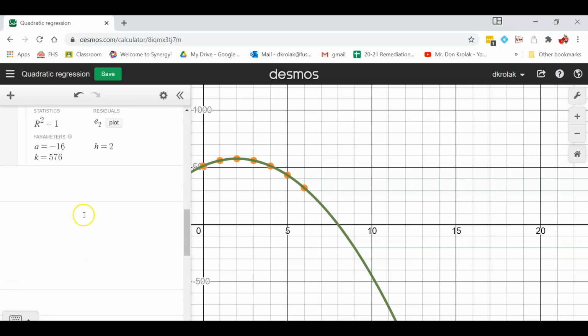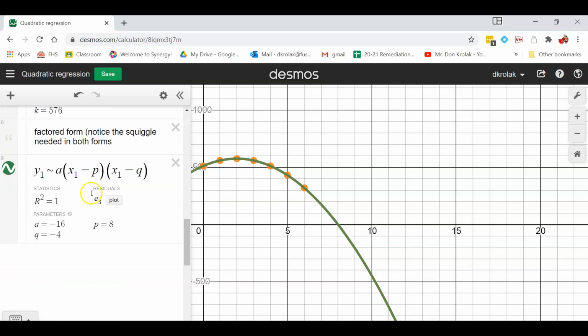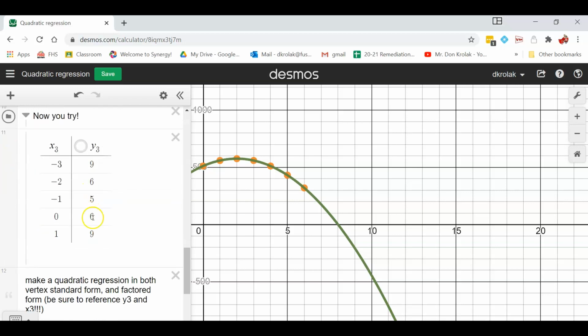But put in this table right here and do a quadratic regression for this table, in all 3 forms. Let's see if you can do it on Desmos.